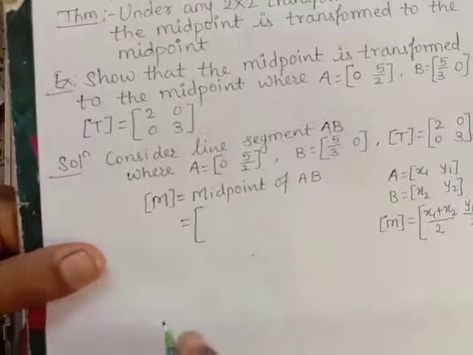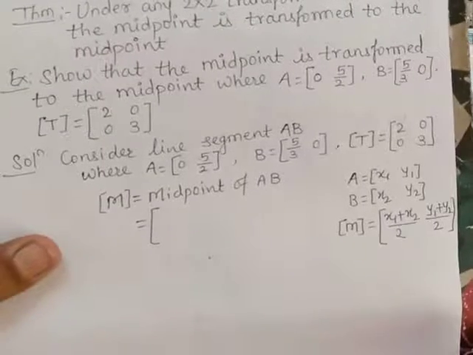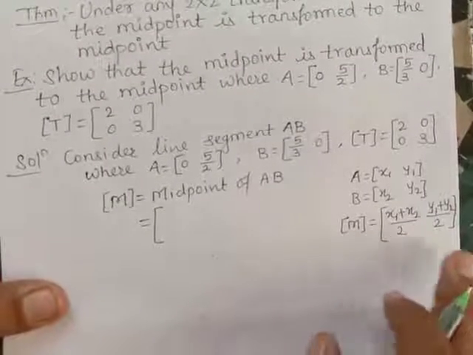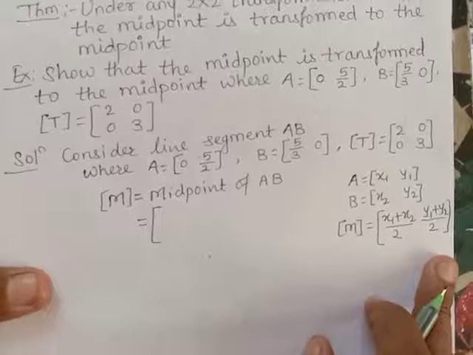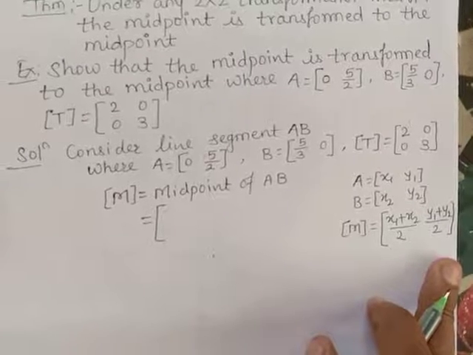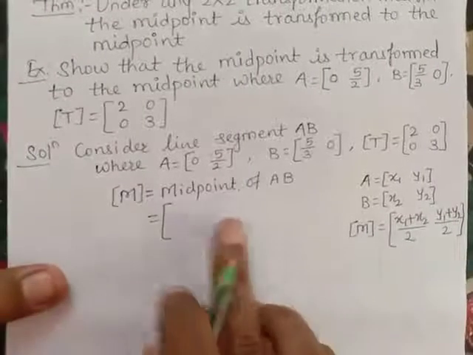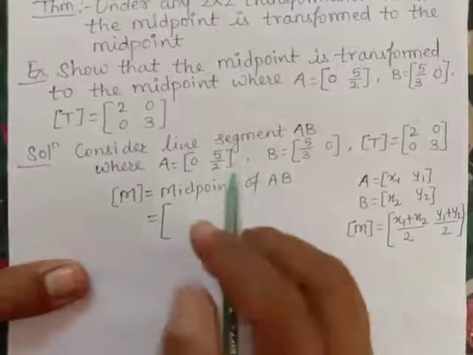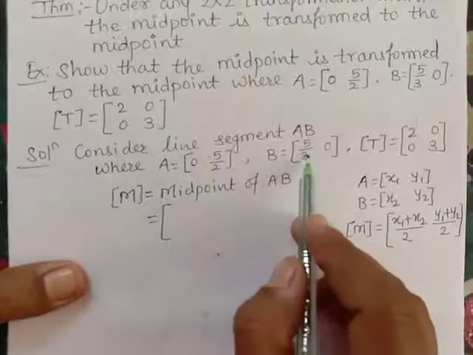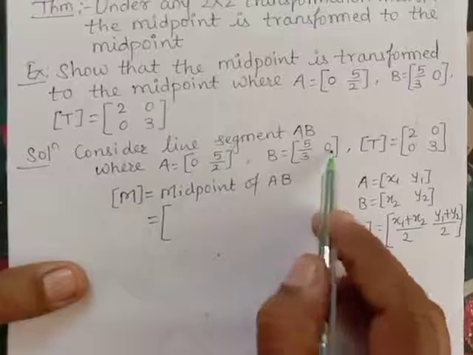This is a midpoint: x1 plus x2 upon 2, y1 plus y2 upon 2. In the same way, the midpoint of AB, here this is x1, x2, y1, y2.